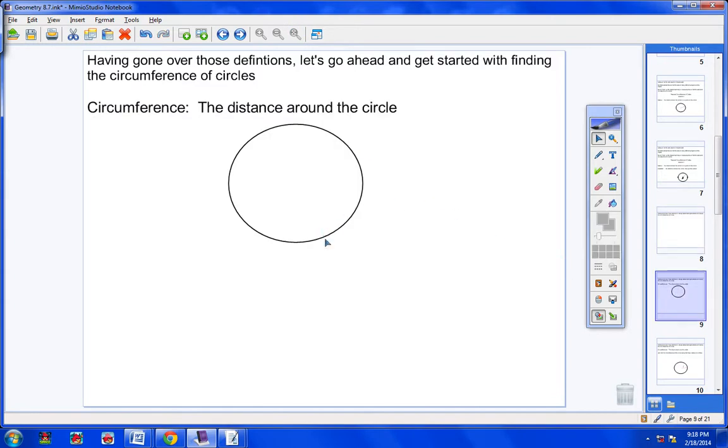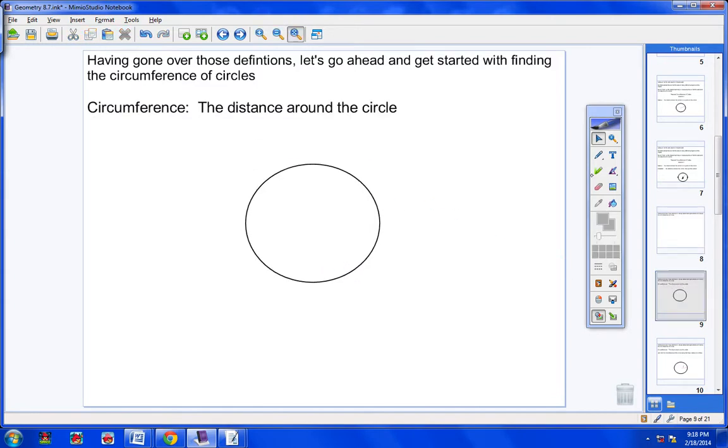Okay, now, listen to me please. If this is a circular swimming pool in your backyard, and you wanted to put a fence around the pool, you would not find the area of the circle. No, you would find the circumference, because the circumference of the circle is the distance around the circle.